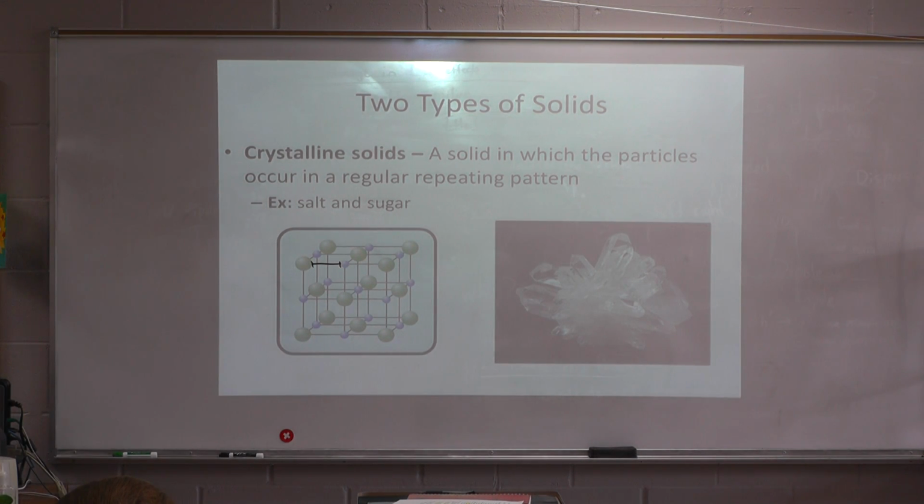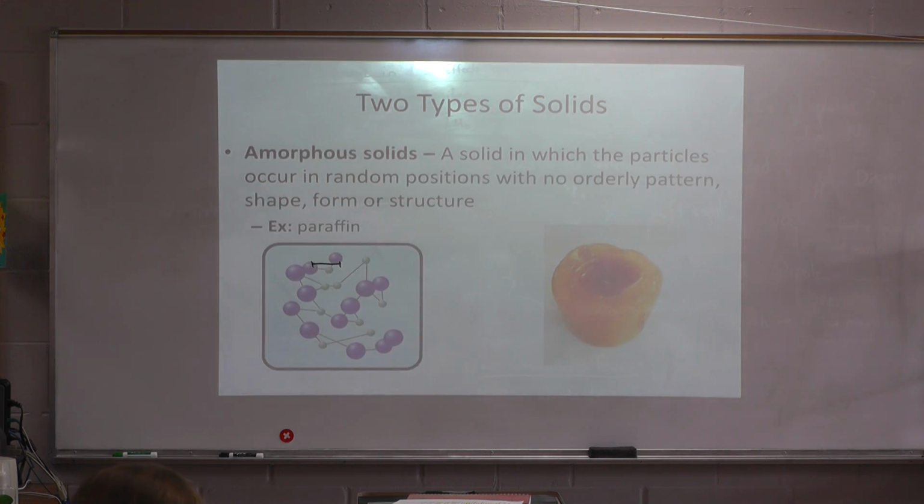Salt would be one, sugar, right? You probably look at sugar and think that doesn't look like a crystal. Well, if you looked at it under a microscope, it would have a very nice crystal pattern. And sugar is covalent, right? Second type, amorphous.